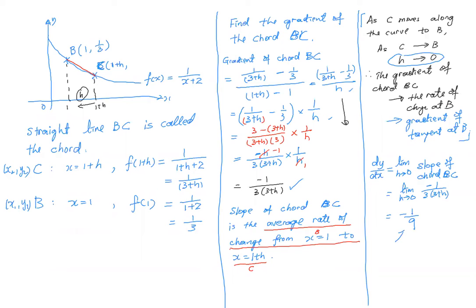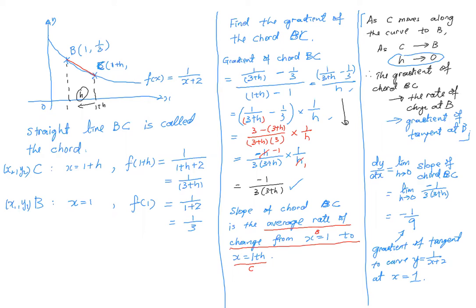This is called the gradient of the tangent to the curve y equal to 1/(x plus 2) at x equal to 1, or we call it the instantaneous rate of change.